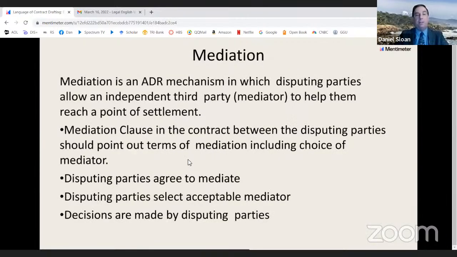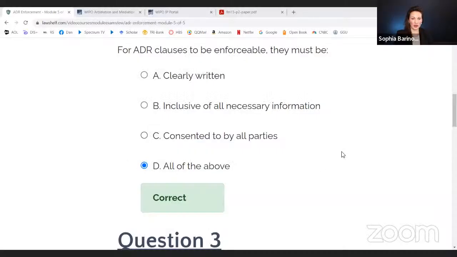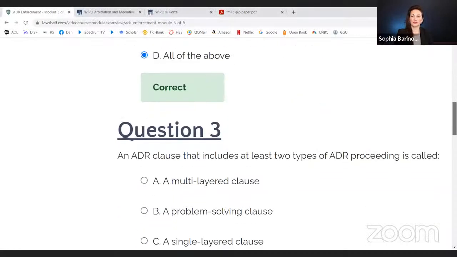I'm going to talk about mediation here for a minute, then change to a slightly different issue. I think I will go to our questions again and try that. Okay, there we go. Question 3.